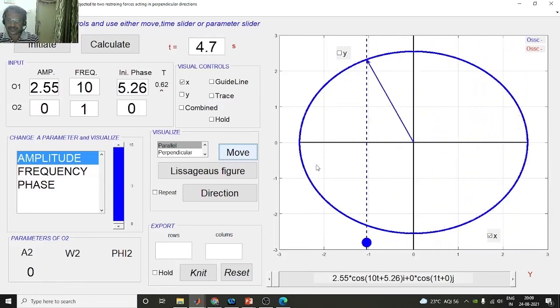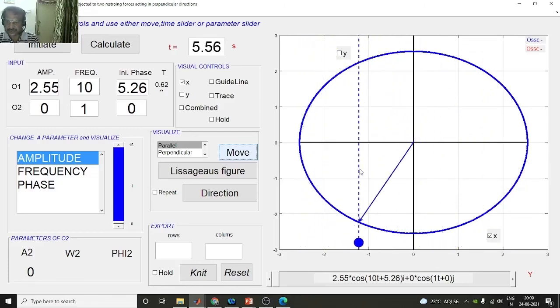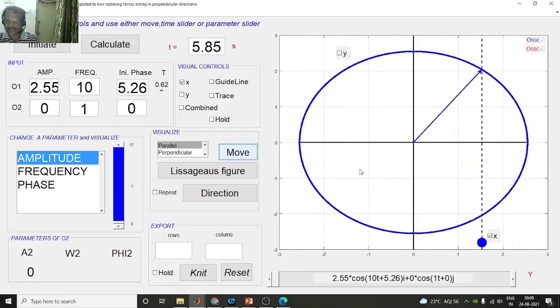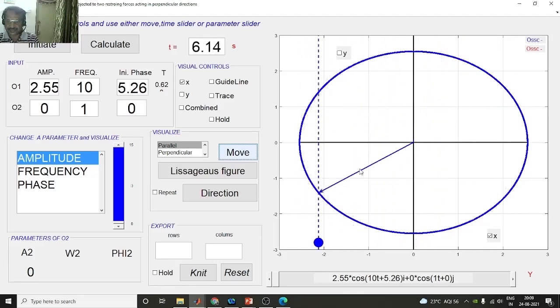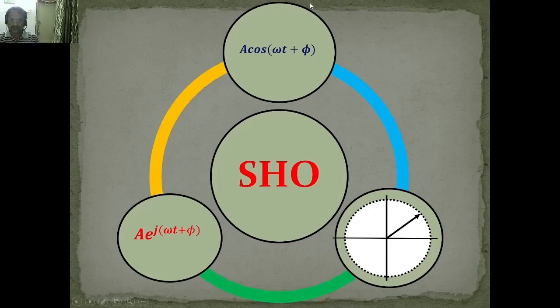Its initial phase at t equal to 0 is the angle it makes with the x-axis, and as a function of time it rotates in an anti-clockwise manner. The angle with the x-axis is the phase at that instant, and at any instant of time the x component of this vector is actually meaningful, and that is equal to the position of the actual oscillator from the mean position.